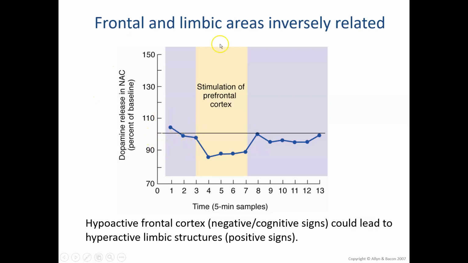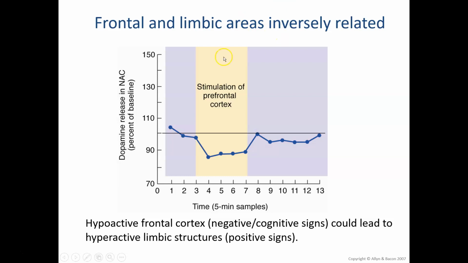The frontal and limbic areas are inversely related to each other. So this inverse relationship could explain why the first signs that we typically tend to see in people who develop schizophrenia are the negative signs and the cognitive signs. So if the prefrontal cortex shows atrophy during development, you get more synaptic pruning, more reduced activity.